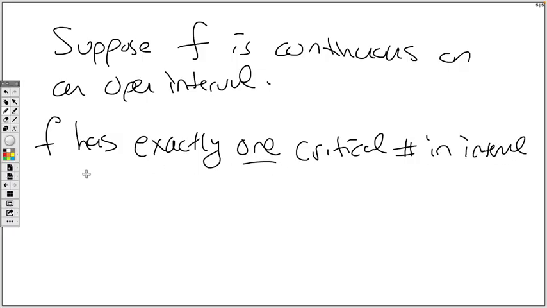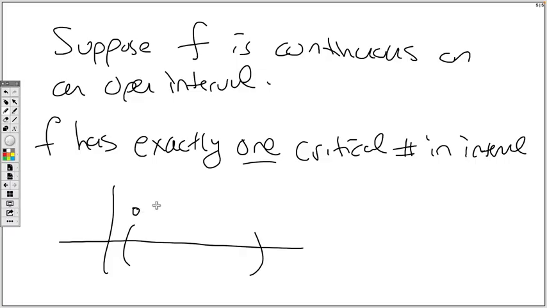So it's got only one critical value. So we've got this continuous function. It does its thing. We got some open interval down here. So, you know, it only has one critical number.